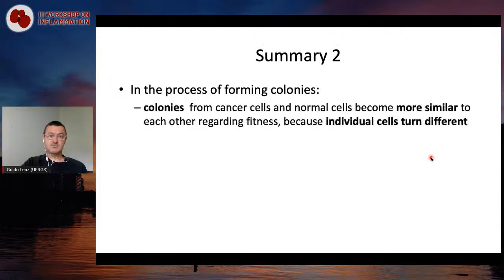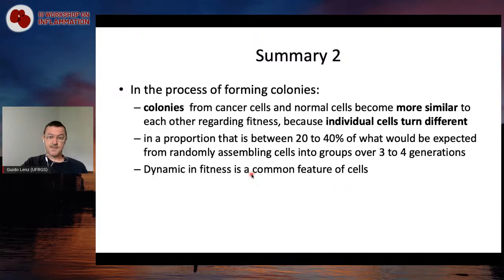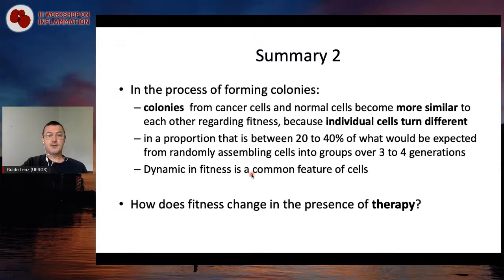So summary 2: colonies from cancer cells and normal cells become more similar, very probably because individual cells are becoming more different. And we have around 40% of the expected variation seen in randomly assembled cells after 3 to 4 generations. And this is a common feature of cells apparently.